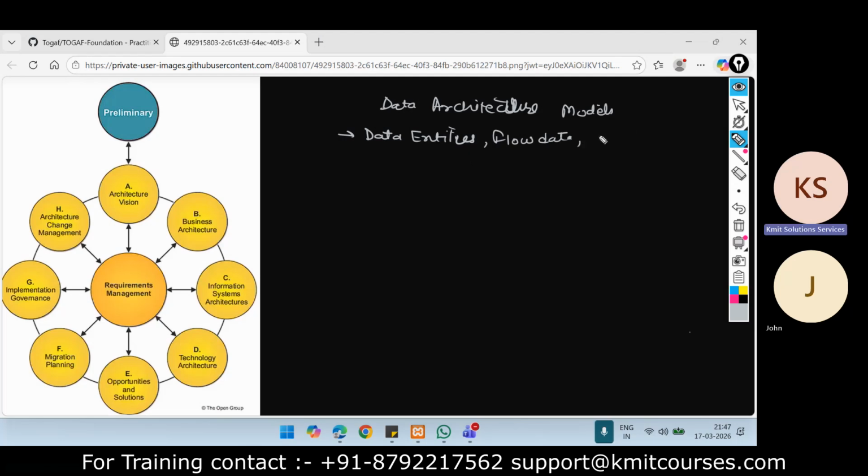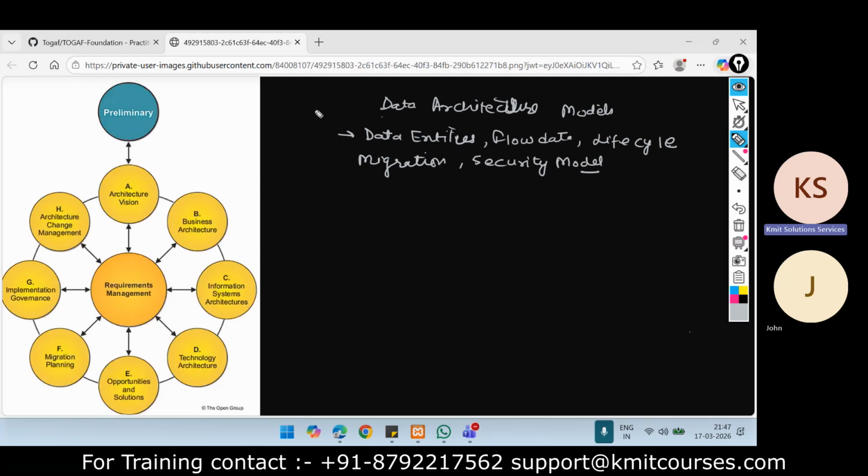We need to have the data lifecycle diagrams. We need to have the data migration diagrams. And we are having the data security model. All right. So this is the example of data architecture modeling.